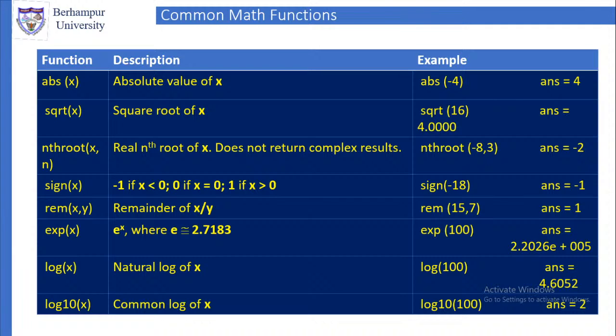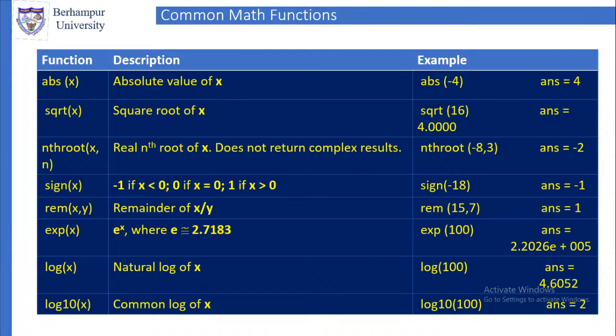The log x is log with base e, and log10 x is log of x with base 10. So log10 of 100 is 2. So these are some of the common math functions that you will come across when you are writing your MATLAB program.